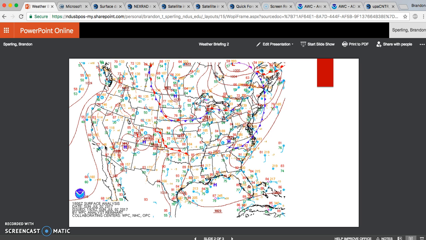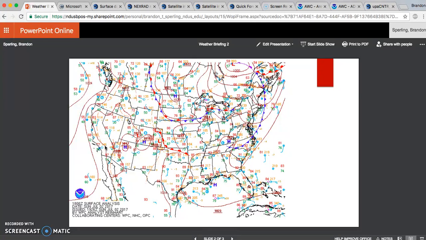For North Dakota and Minnesota, we have a high pressure system sitting right over the top of us right now, as you can see on this map. Off to our west, we have a stationary front stretching from up in Canada down through Montana, about the North Dakota, Montana border, South Dakota, to almost the South Dakota, Nebraska border.